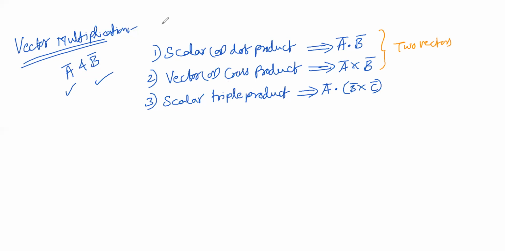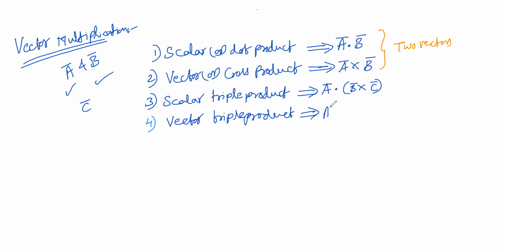Whereas for the scalar triple product and the vector triple product, two vectors are not sufficient, so we need to consider another vector, let it be C bar.